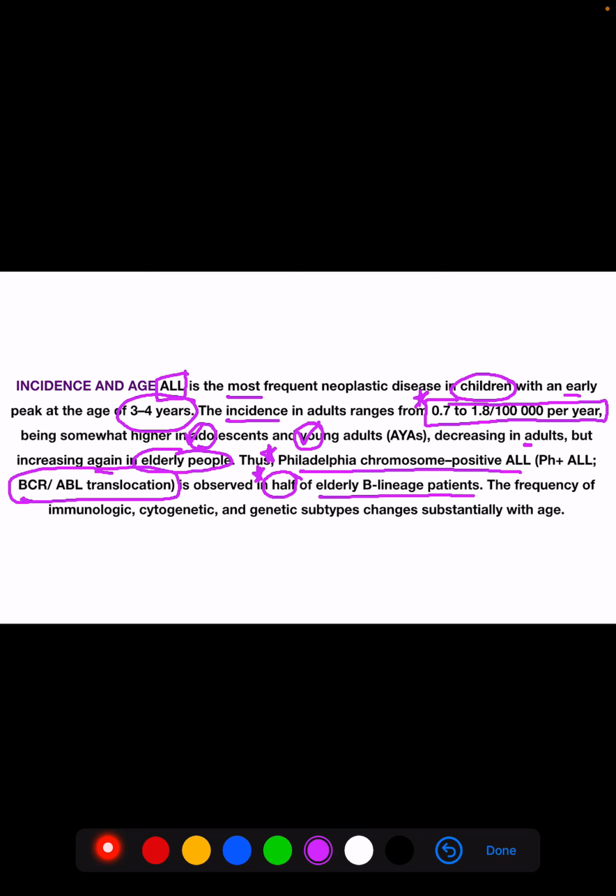Half of elderly B lineage patients. And the frequency of the immunologic, cytogenetic, and genetic subtypes of acute lymphoblastic leukemia changes substantially with age.